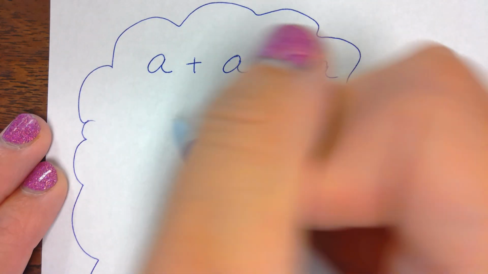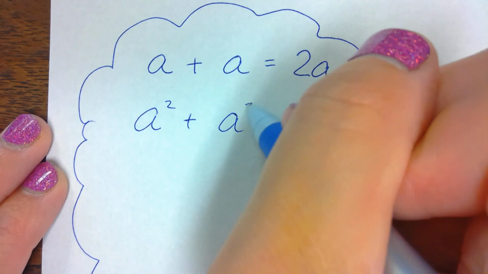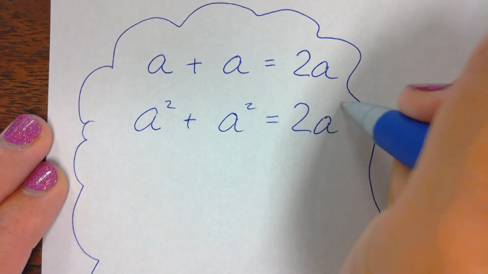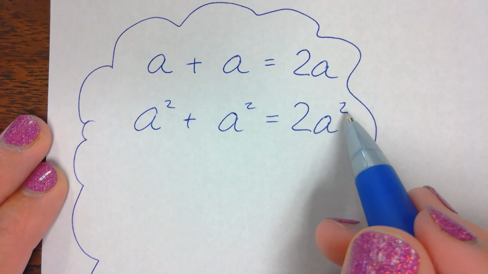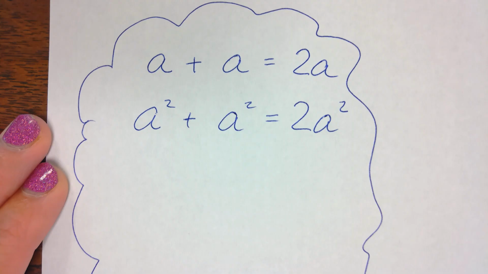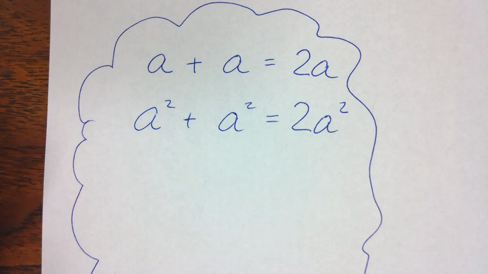What about a pineapple plus a pineapple? 2 pineapples. It doesn't become a gigantic one. So it stays the same. If you're just adding the same type, it doesn't change to a different type.